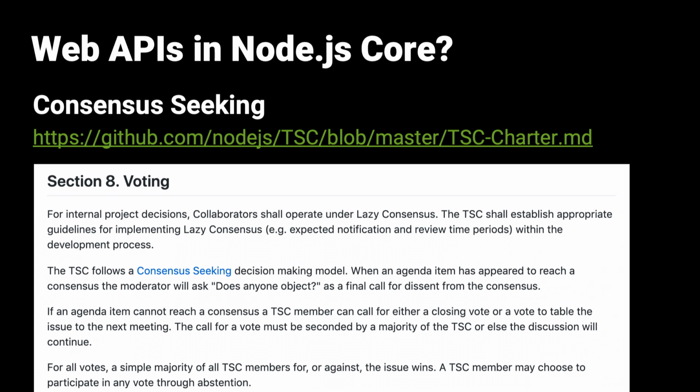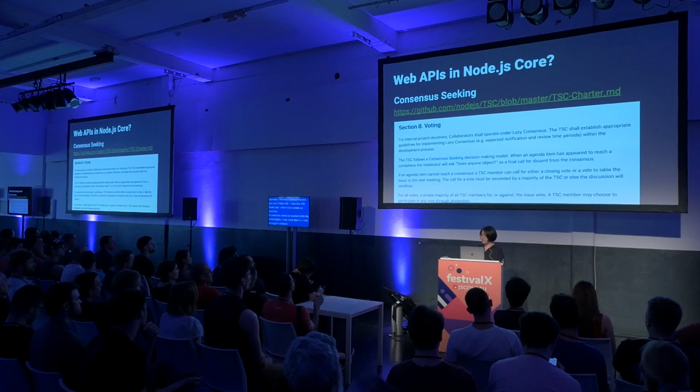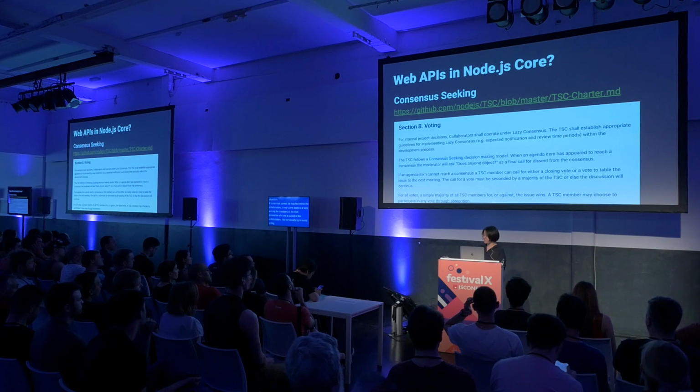If consensus cannot be reached within the collaborators, it may come down to a vote among the members of the technical steering committee, who are a subset of the collaborators. But we usually try to avoid voting. We also take community feedback into account, even if it's not from someone who has committed to Node before.